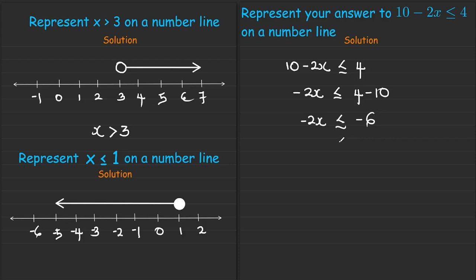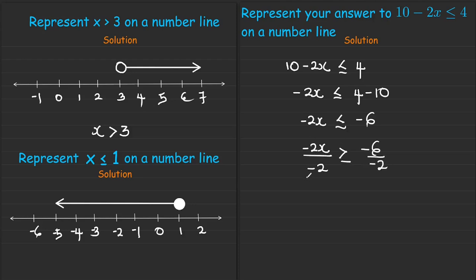Now, in our previous lesson, we spoke of the golden rule, which says anytime we are multiplying or dividing both sides by a negative number, we change the inequality symbol. So if we have negative 2x divided by negative 2, we will change our inequality to be greater than or equal to, then we have our negative 6 over negative 2.